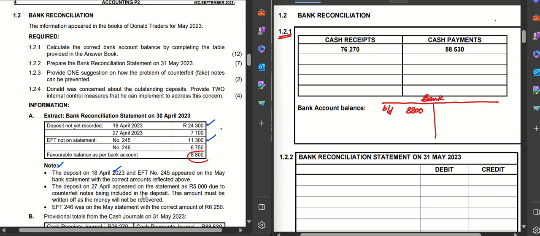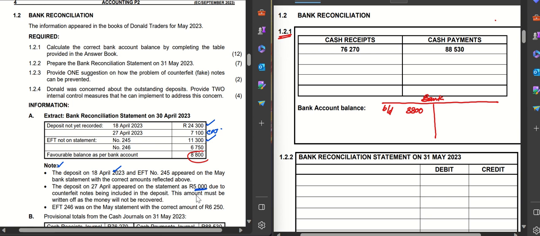The next one says, the deposit on 27 April appeared on the statement as 5,000, due to counterfeit notes being included in the deposit. So this deposit was recorded, remember, in the CRJ as 7,100. However, on the statement, it is reflected as 5,000, because some of the notes could not be accepted by the bank.